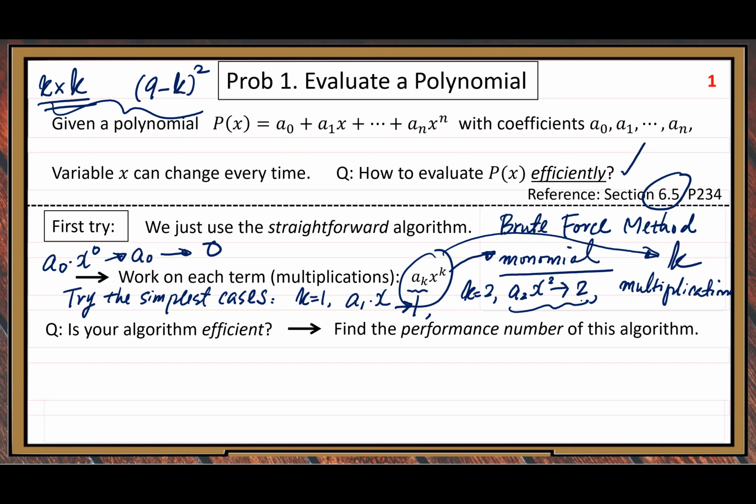What is a fair measure? Or another way, what is a stable measure? So we need to get a stable measure.